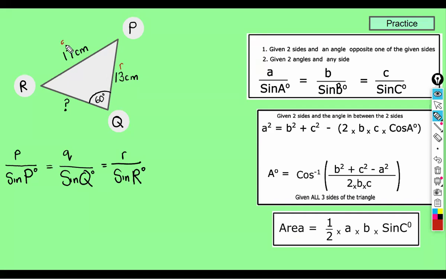Won't the 17 be common Q because it's opposite capital Q? And if here's capital P, the question mark is common what? P. I forgot to put in my common letters, but everybody in the class is guilty because no one reminded me. All right. So everyone put in the common letters.